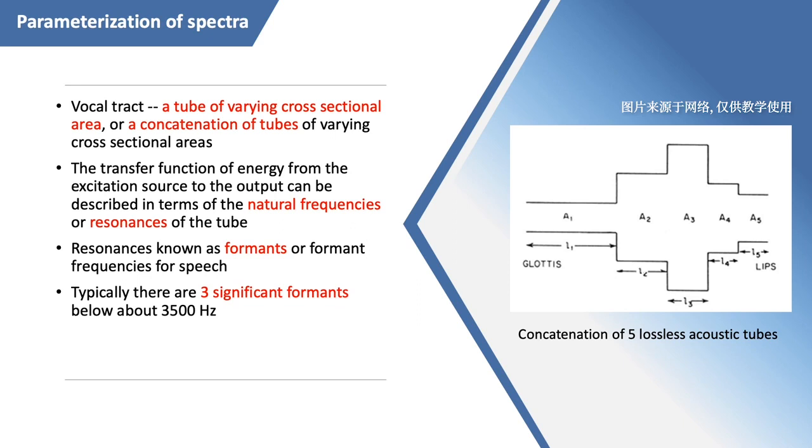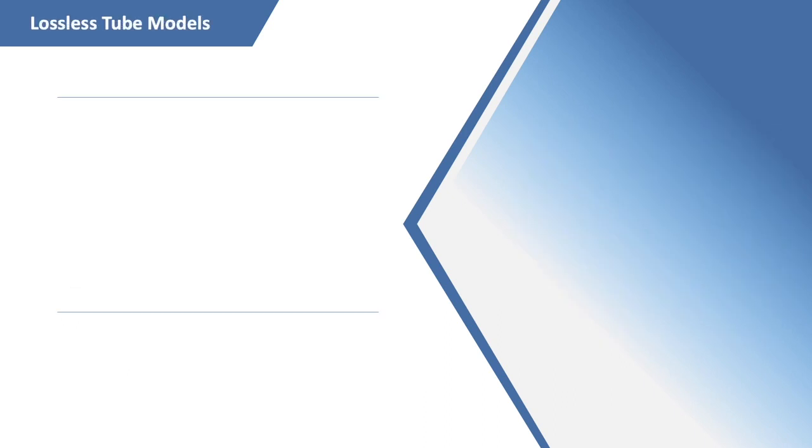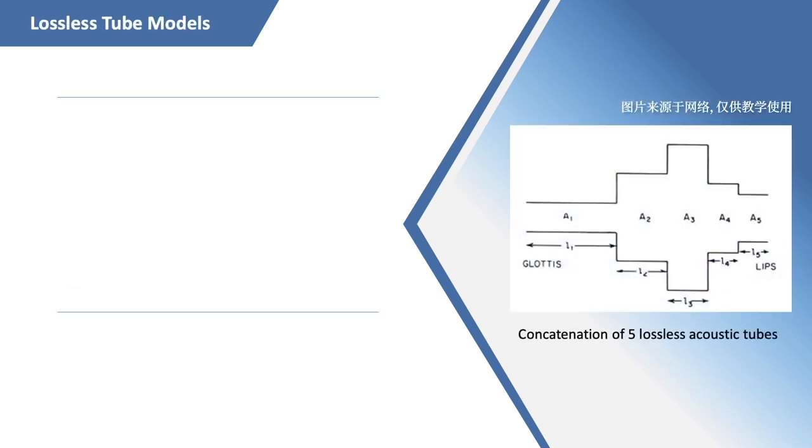Typically, there are three significant formants below about 3,500 Hz. Formants are a highly efficient, compact representation of speech. Concatenation of 5 lossless acoustic tubes is shown in the figure.